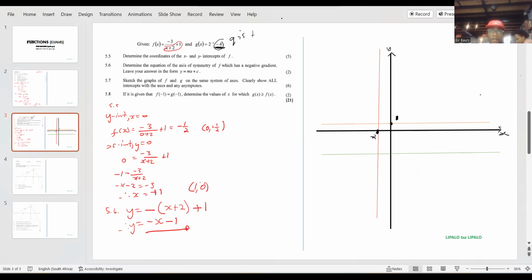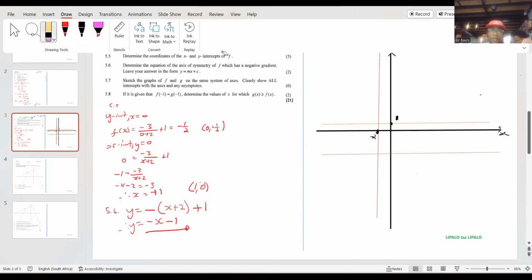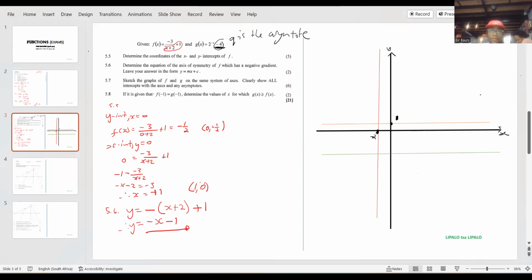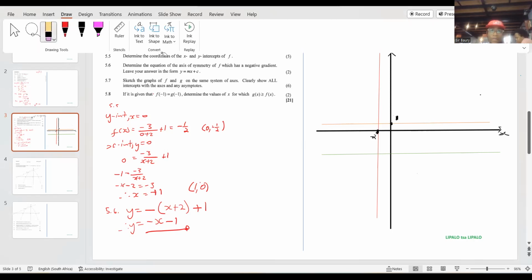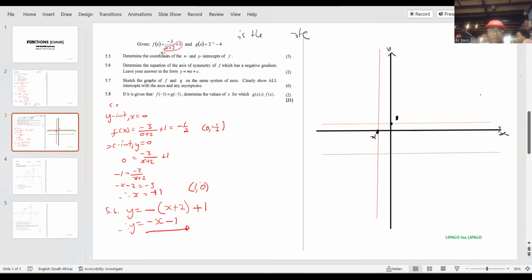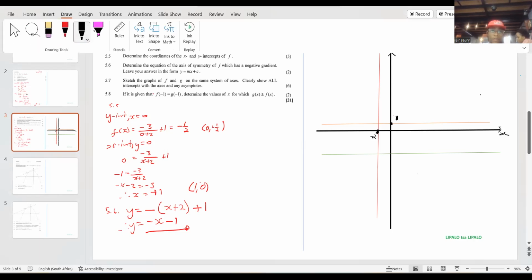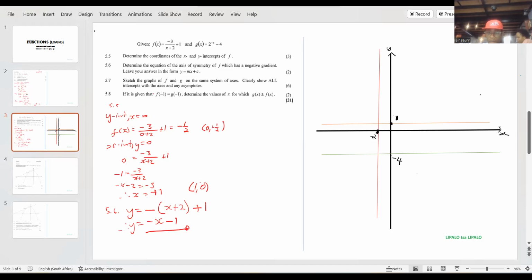Q is the asymptote. So this will be negative 4. That's this point here. And then I have a 1 here.